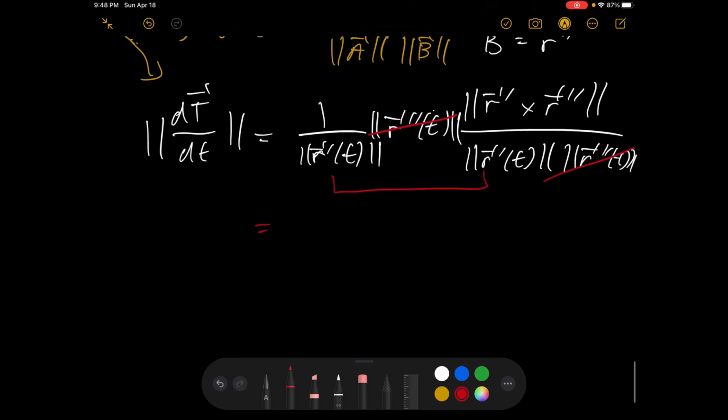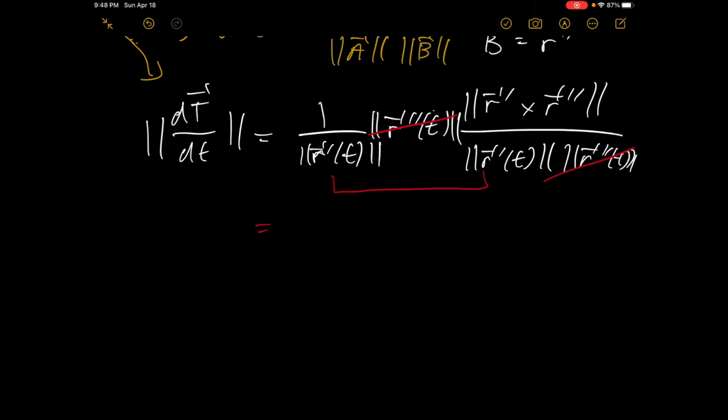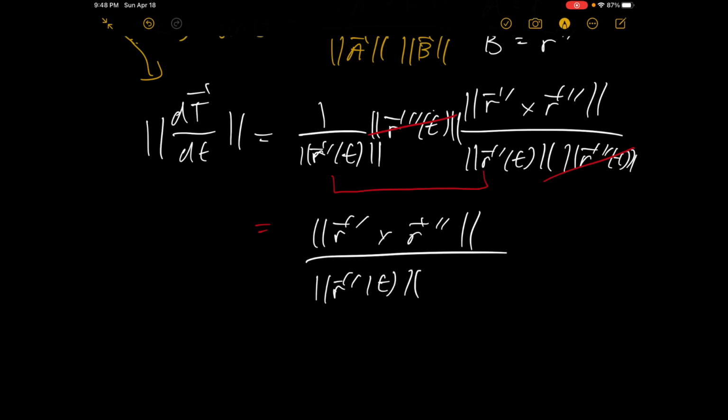So hence we get... And now we realize that this looks very similar to the formula that I showed you in the theorem above. And so now we only need to do one additional thing.